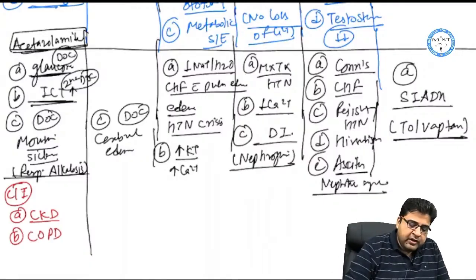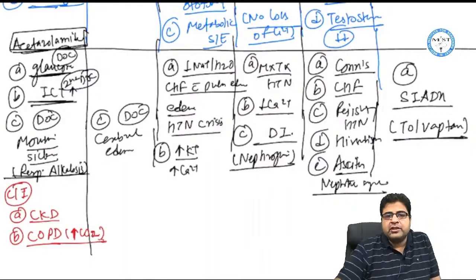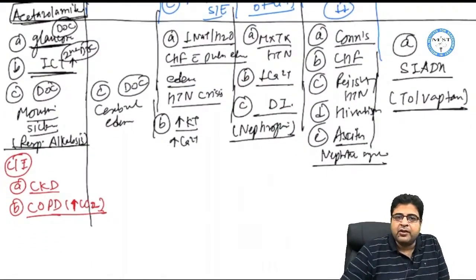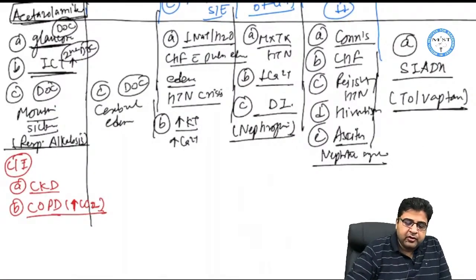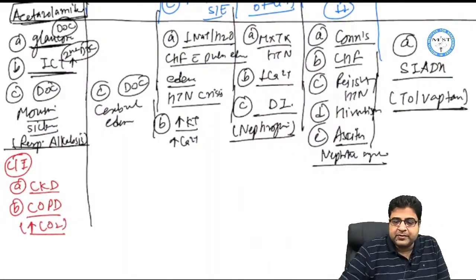Medicines are not given in patients of COPD because in COPD patients there is already excessive retention of CO2. Already CO2 is present in excess, and that will cause respiratory acidosis.